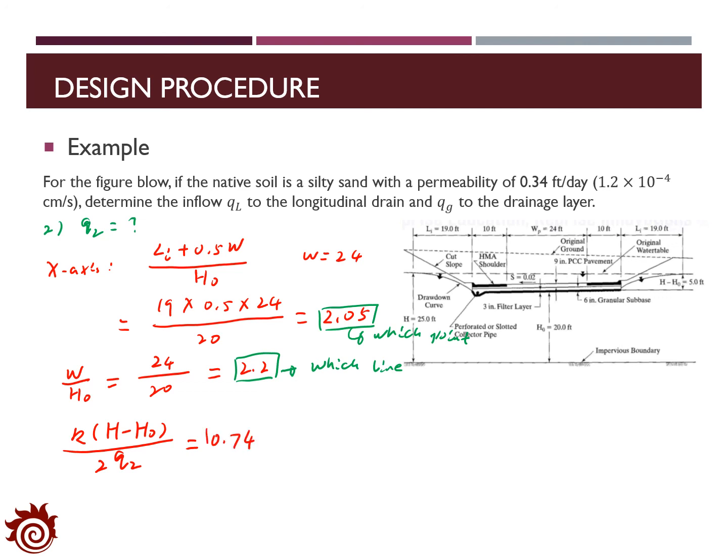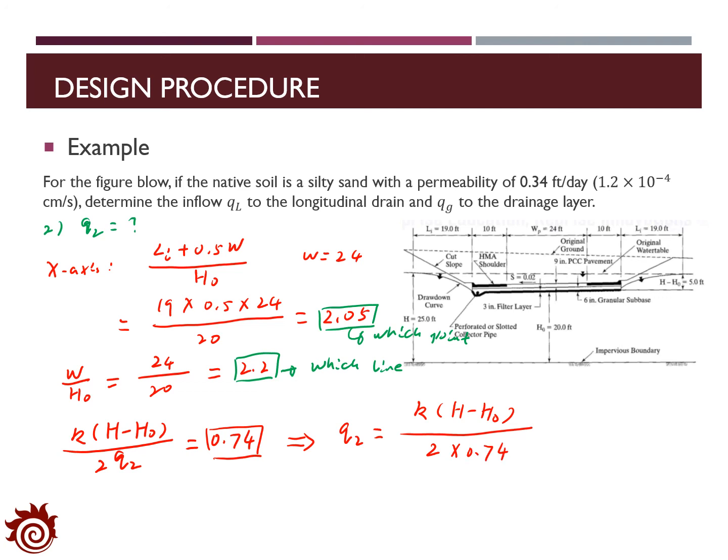This value is read from the figure, and this is equivalent to Q2 equal to K times H minus H0 over 2 times 0.74.